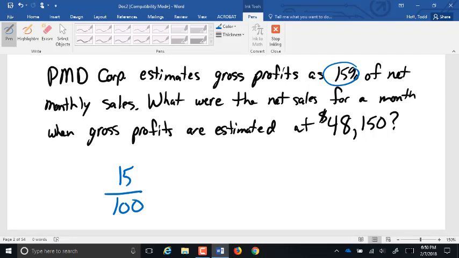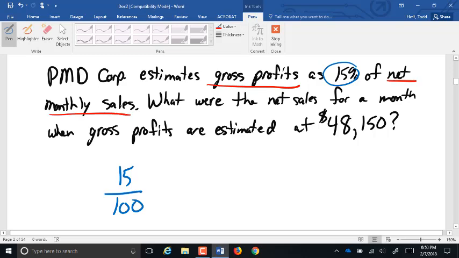That base amount is what the piece is coming out of. So if we look in the problem here, we have gross profits and we have net monthly sales. Which one is that bigger piece, that base amount? Careful. You always say net smaller than gross, but we're talking about two different things here.